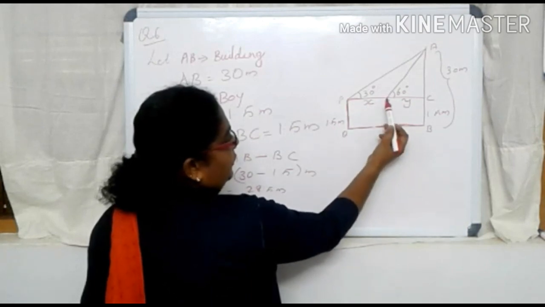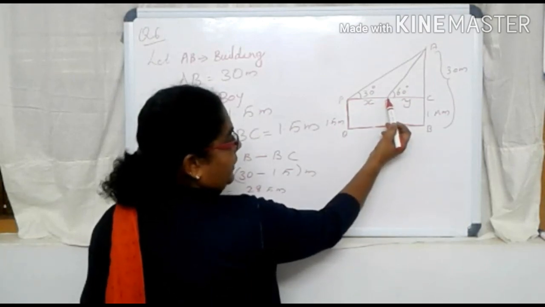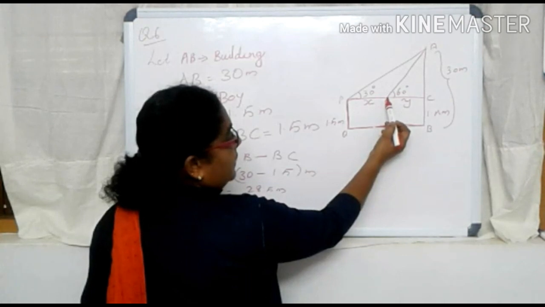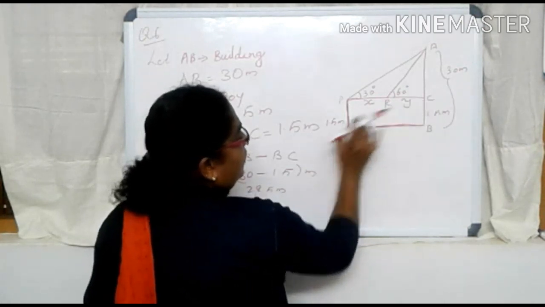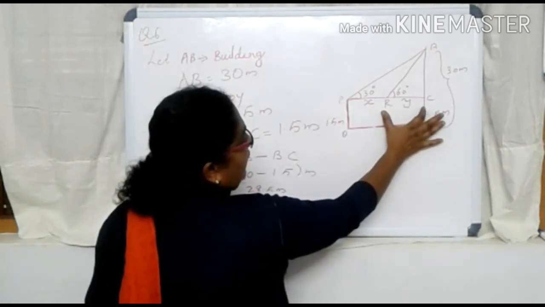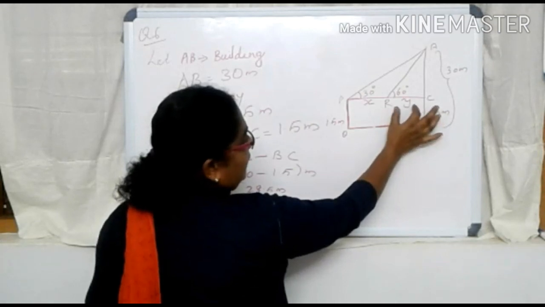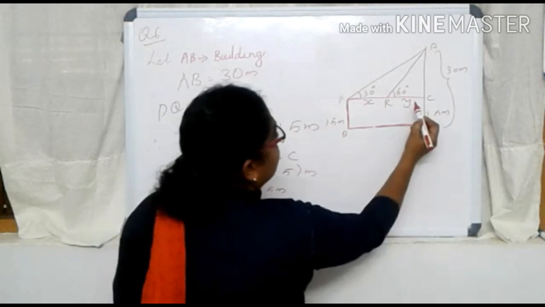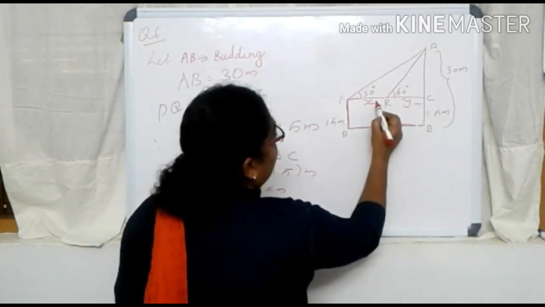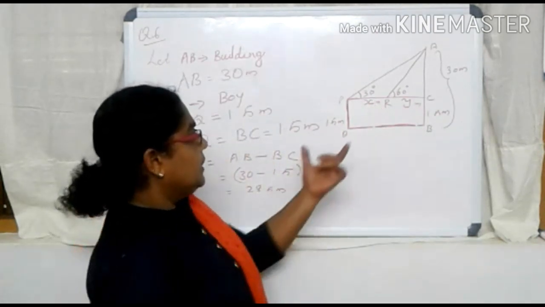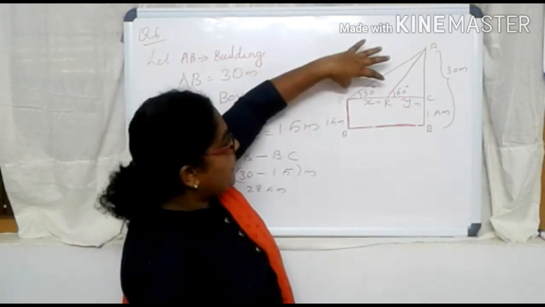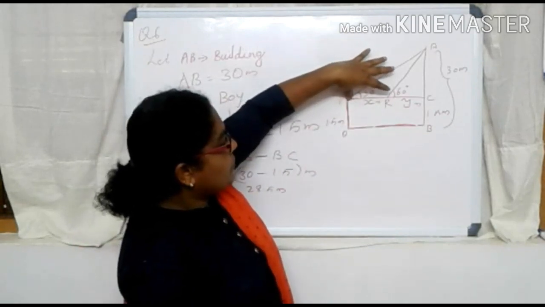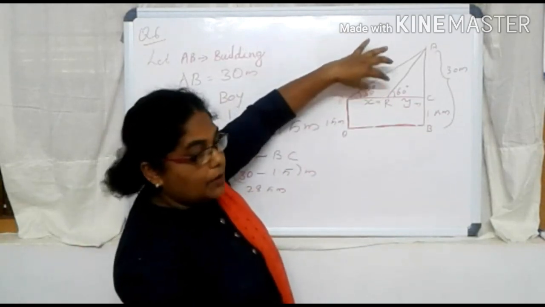And after a few seconds or a minute, the boy is at the place of R. Now the distance between the boy and the building is RC. We have taken it as Y meter, and here it is X meter. Here we have to find out the distance travelled by the boy, that is, the distance PR.